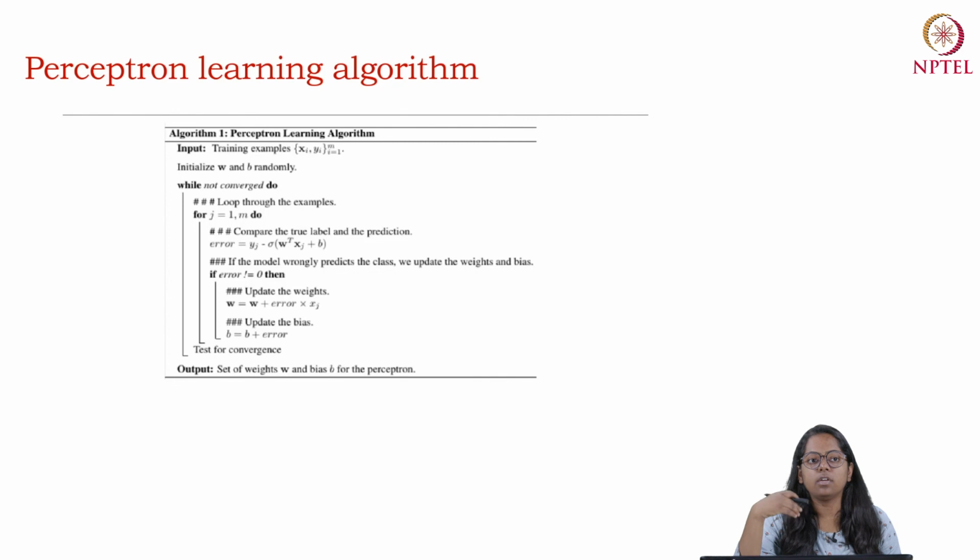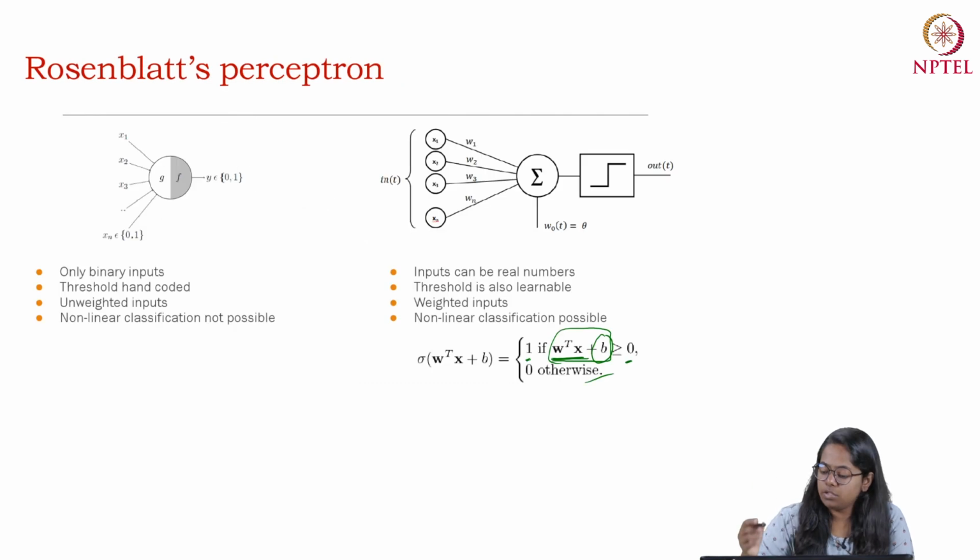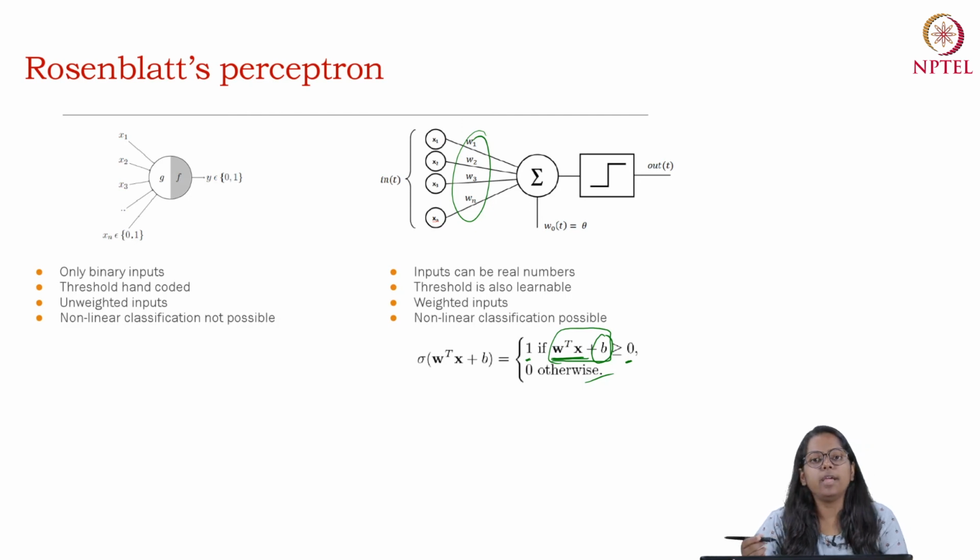But the values for these weights and this bias are to be learned. They may be randomly initialized, but we want to learn these values so that whatever output we get at every step is closer to the desired output that we want.